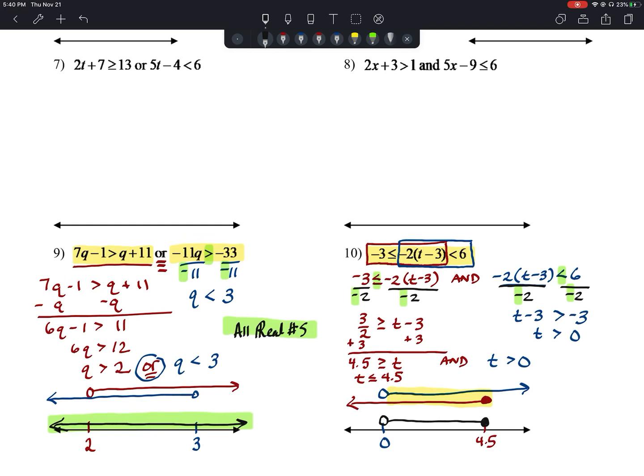We can leave our answer in this form if you wish, or you could rewrite it as the compound inequality. When you do that though, our 0 needs to come first. We're going to say 0 is less than t, and t is less than or equal to 4.5. And that is going to be our solution.